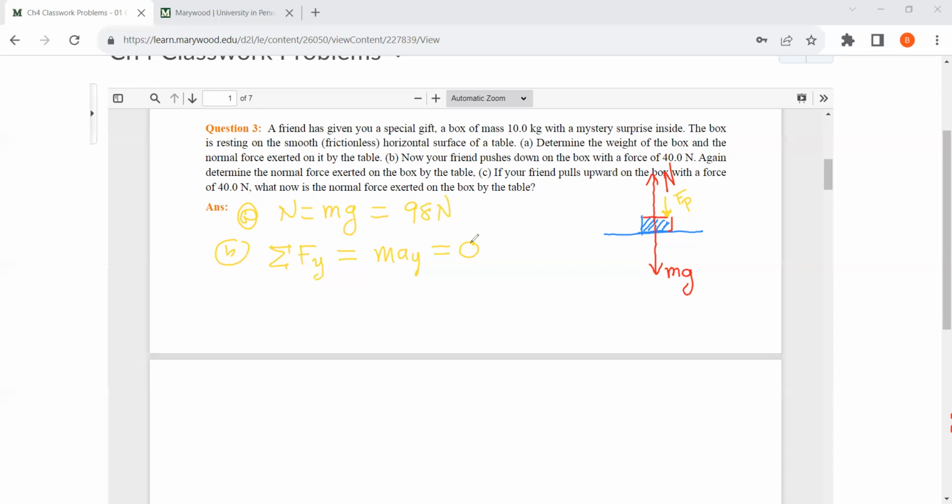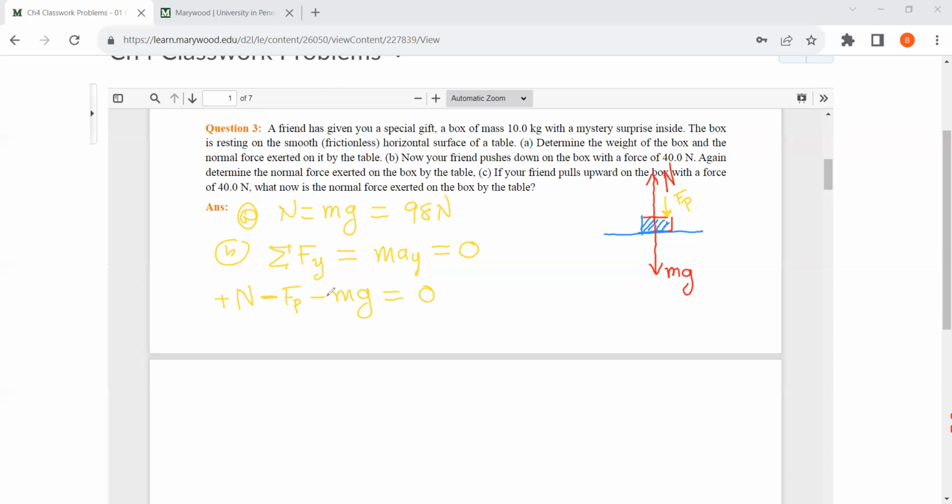Again the right hand side is equal to 0. Why? Because there is no acceleration, there is no motion. The right hand side is equal to 0, but the left hand side now is a little bit different. The normal force is along the positive y, Fp is along the negative y, mg is along the negative y.